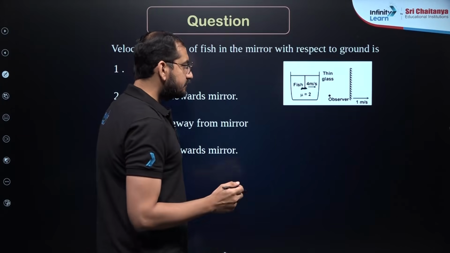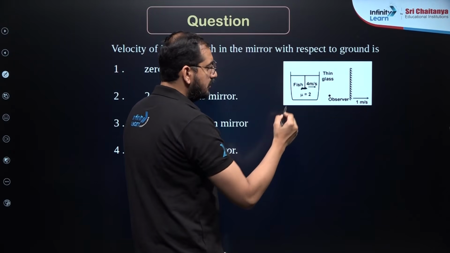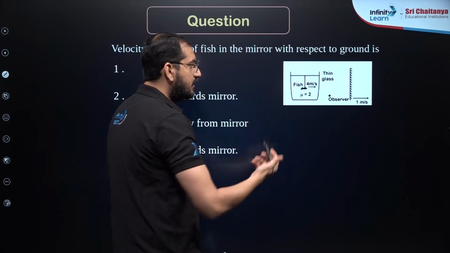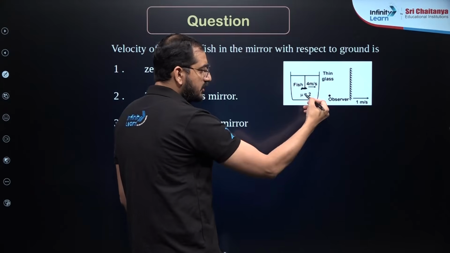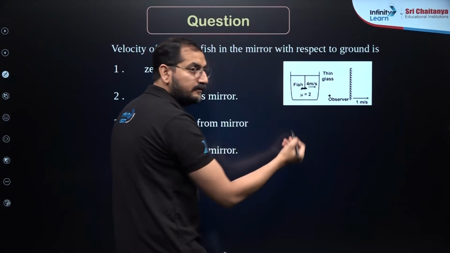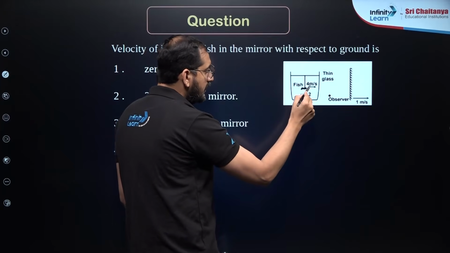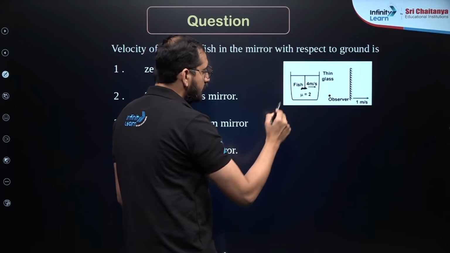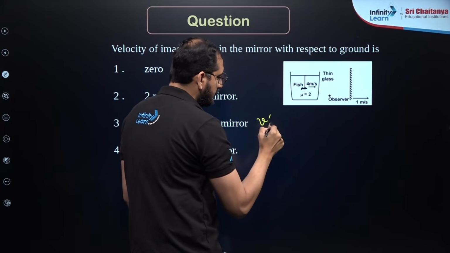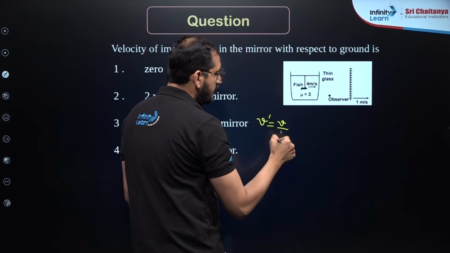Okay. So first of all, let us try to draw a diagram in which the water is not there. To convert this situation into the corresponding drawing in air, I need to convert this velocity. For this velocity, you can say that v dash is going to be this velocity v divided by mu.